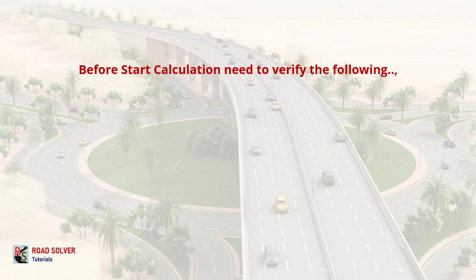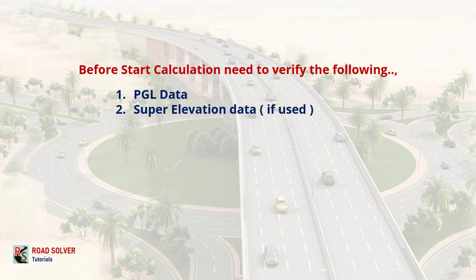Now before the calculation, verify the following data which is available in the table or in the software. First is the PGL data, second is the super elevation. If you are using super elevation in the template, this will also be required.